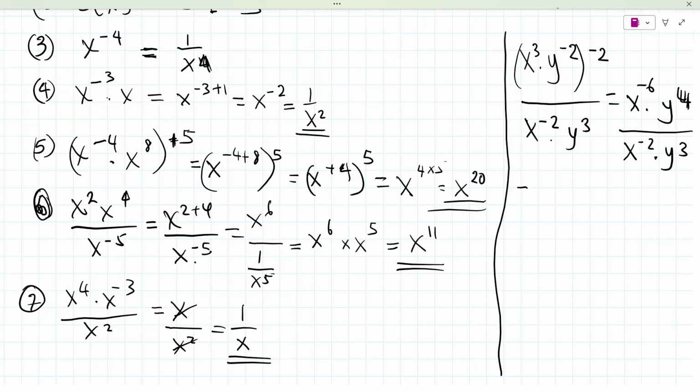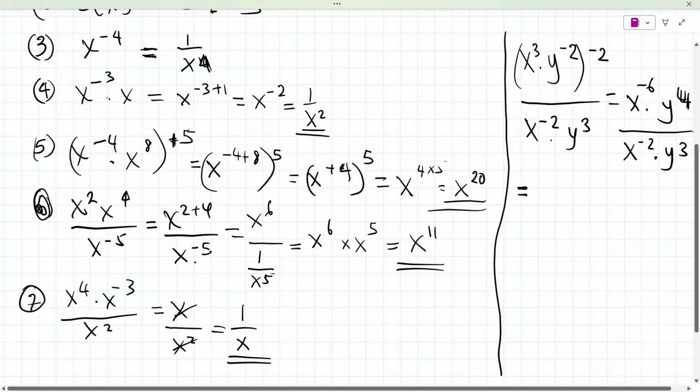Now, we can make it easy by changing the exponential values to all positive. And so this becomes 1 over x to the power 6 multiplied by y to the power 4.